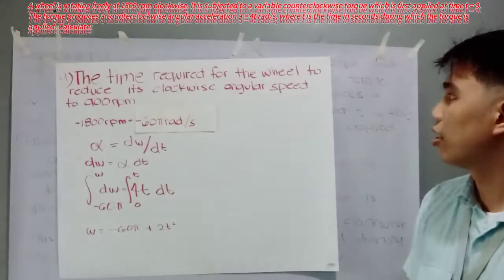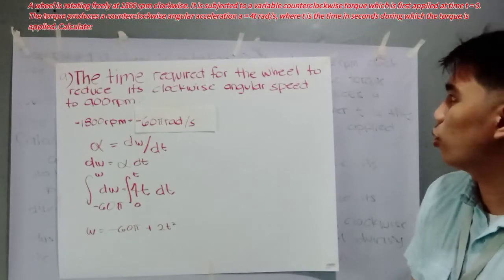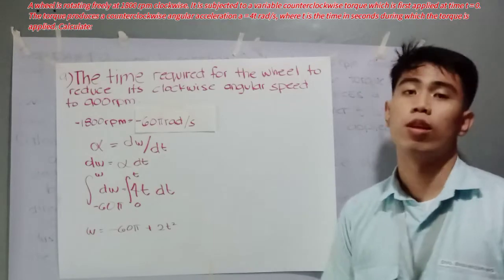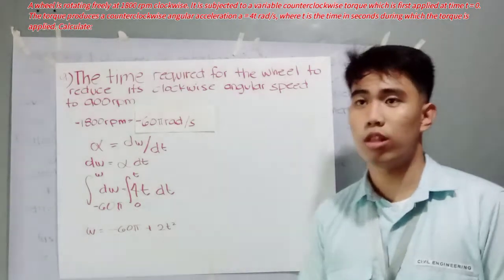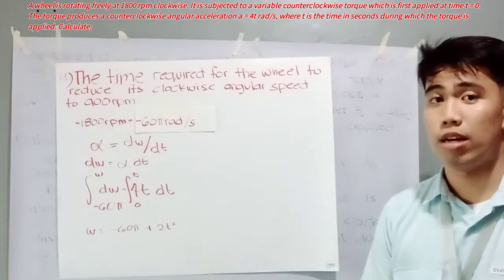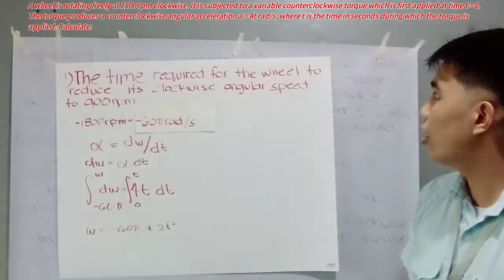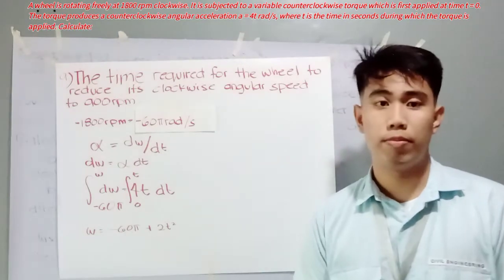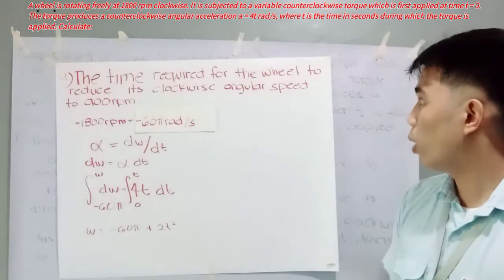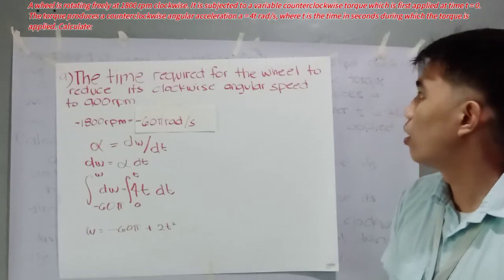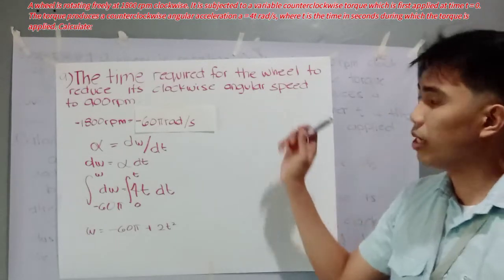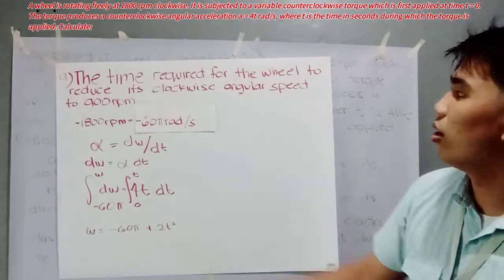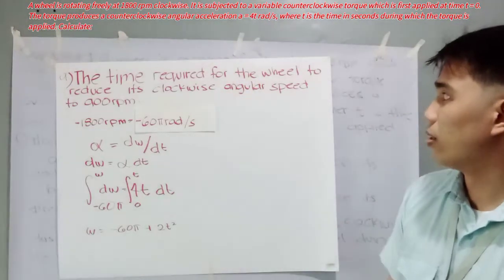So A, the time required for the wheel to reduce its clockwise angular speed to 900 rpm. So we take the counterclockwise direction as positive. Since our alpha is known as a function of time, we can integrate alpha to get the angular speed. Let's start by converting our 1,800 rpm.